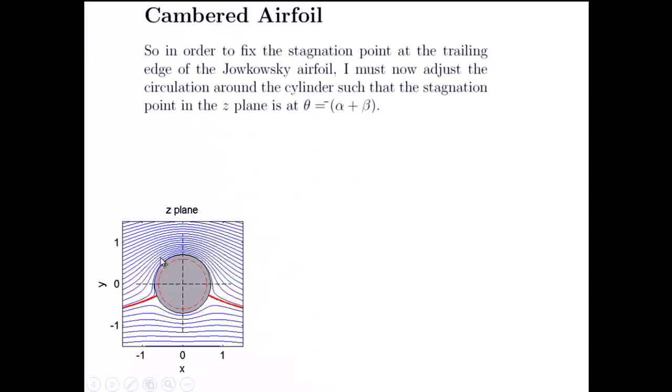We start from the original flow around the cylinder, and then this angle theta, which is related to the circulation, is a summation of the angle of attack we applied to the airfoil, and this beta angle that is related to the geometry of the airfoil. Okay, so it's a summation of these two.